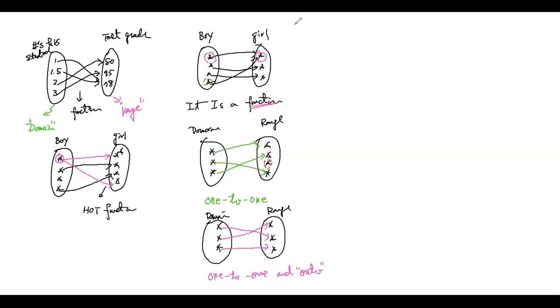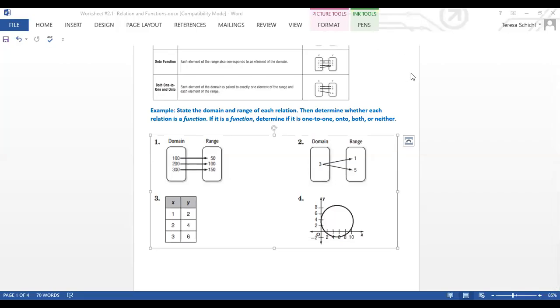Okay, so now let's go to the worksheets and take a look. For these worksheets, I have summarized here: what is 1-to-1, what is an onto function, and what is both 1-to-1 and onto.